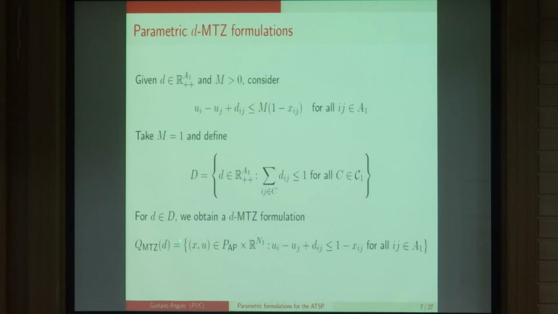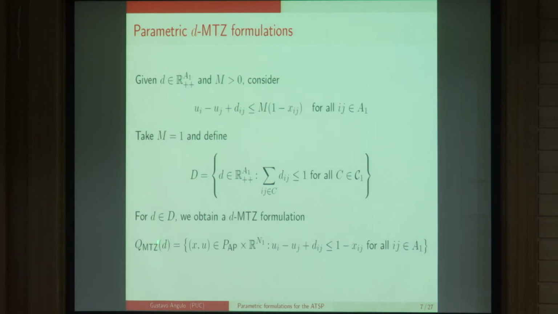We have here a family of formulations for the TSP, one formulation for each choice of D in capital D. Notice that I forgot to mention that R++ is for positive numbers. So to have a valid formulation, we need positive numbers here. I will denote D bar as the topological closure of D, which will be a polyhedron, right? Including the possibility of having D equals 0 for some components.